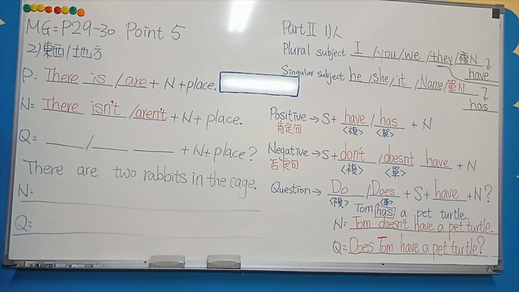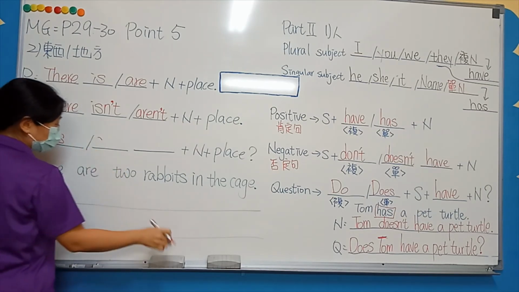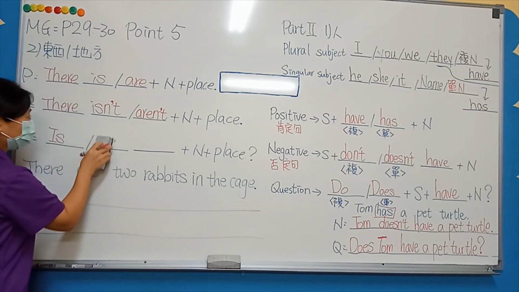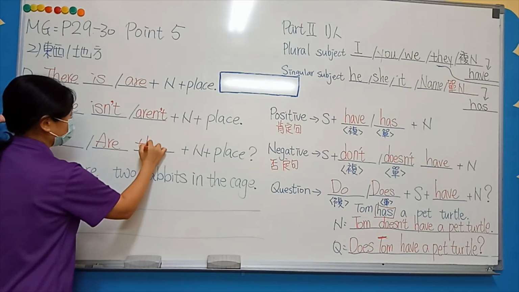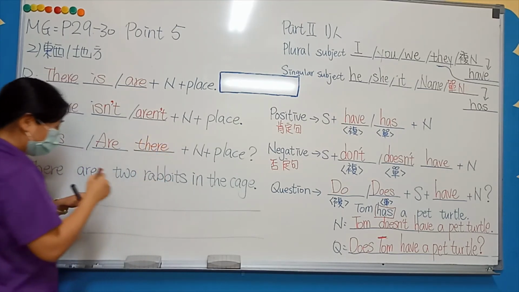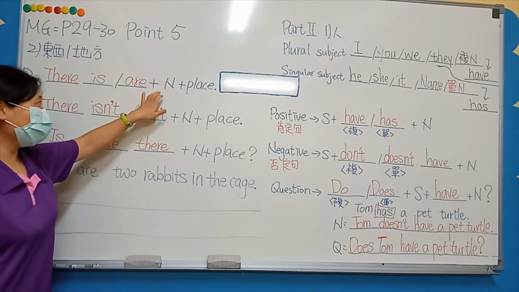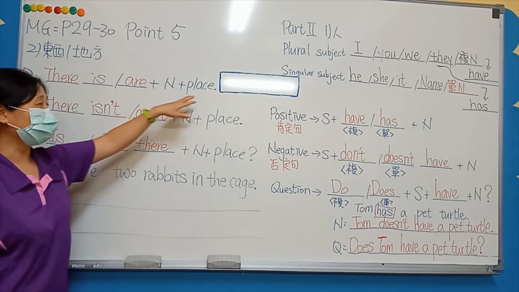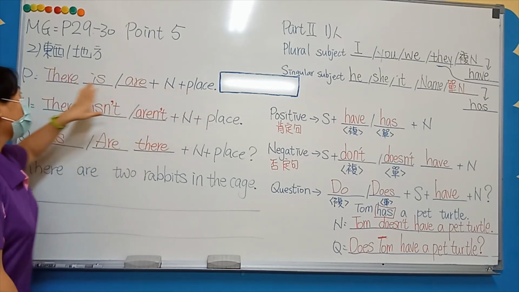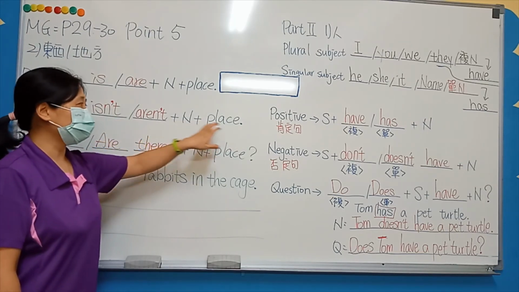How about the question sentence? Okay, "is there," "are there," right? So "is there," oh sorry. Here you need to write a capital. Don't forget, "are there." Okay, example. There is an elephant in the zoo. There isn't an elephant in the zoo.